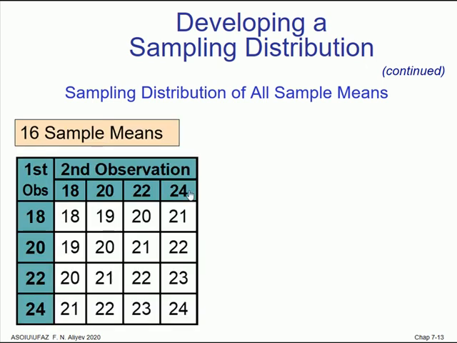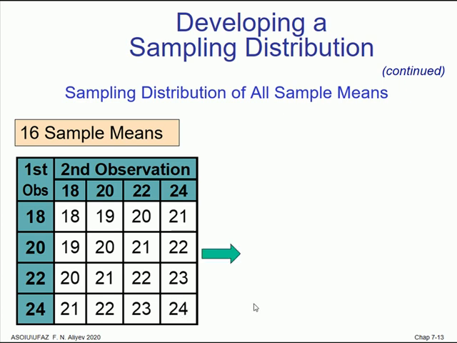Now we are going to draw this probability distribution of all these sample means. Here we have 16 sample means: 18, 19, 20, 21, 22, 23 and 24.